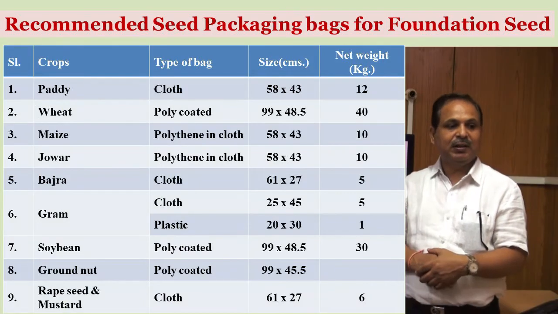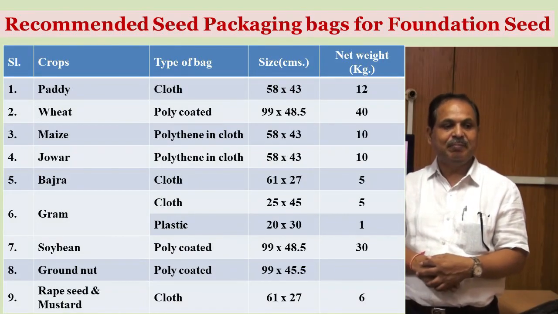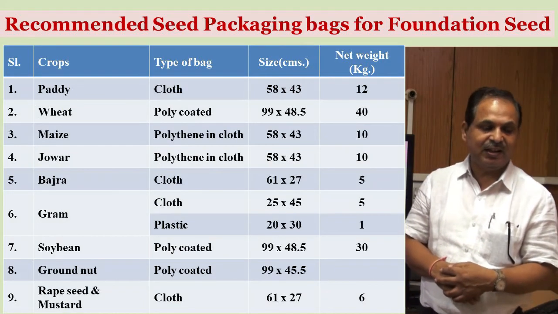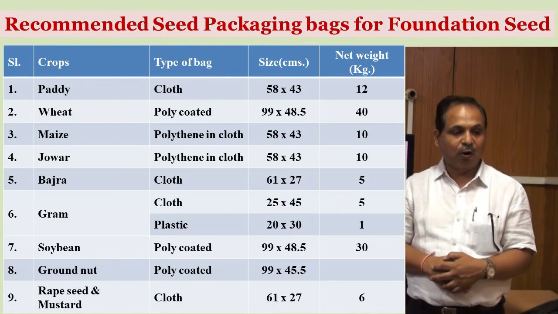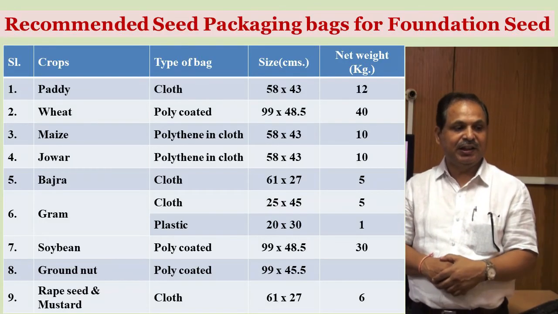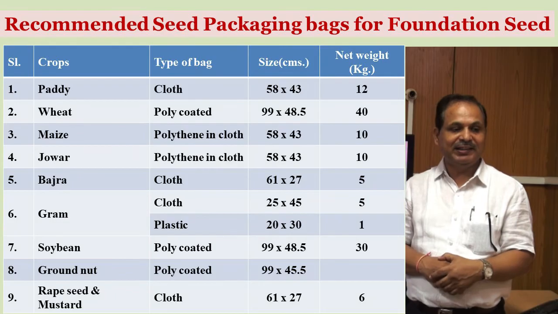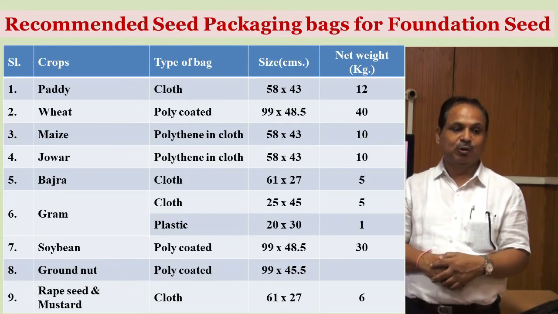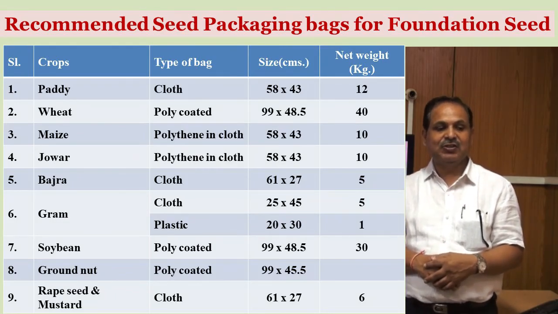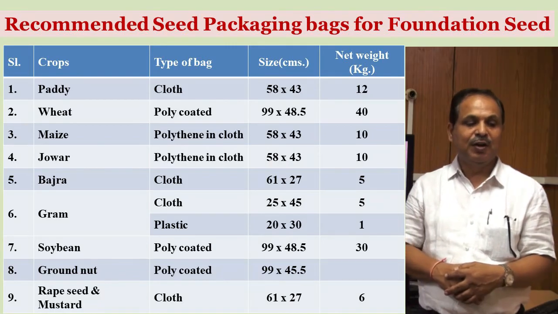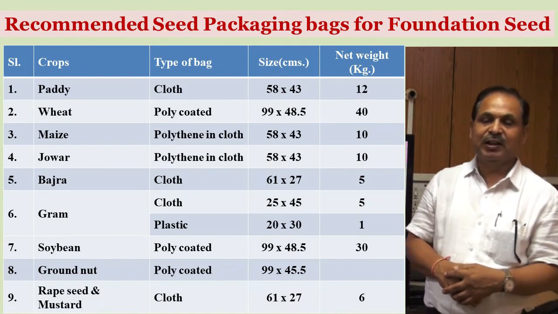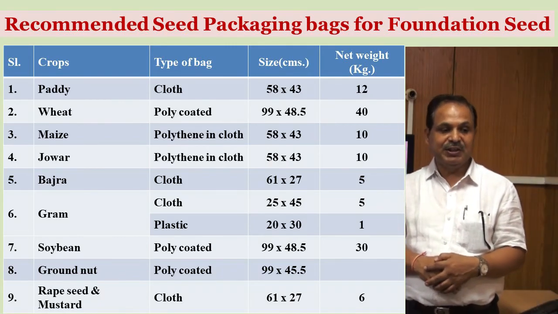Some of the recommended seed packaging bags for foundation seeds, with respect to the crops, are as follows. For paddy seeds we use only the cloth bag, with a size of 58 to 40 into 43 centimeters for a net weight of 12 kg only.